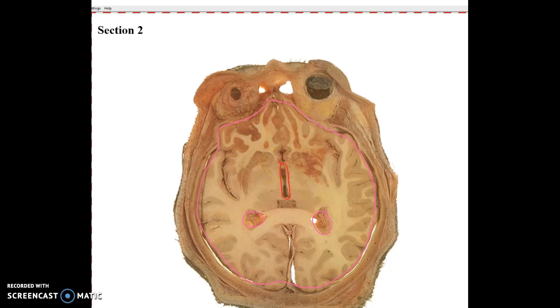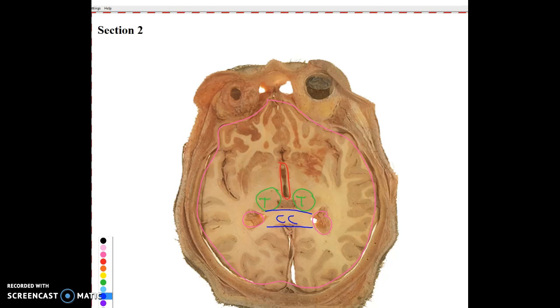We have the gray matter in the center, thalamus, thalamus. We have the corpus callosum. Remember, that's our white matter going back and forth as a connection. Corpus callosum. And then we have the subdural space, the space between the dura mater and the brain.